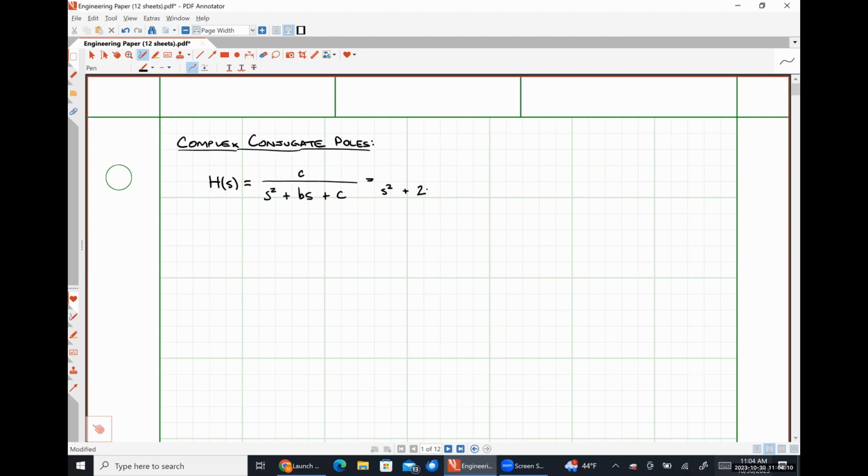And I'm going to pre-apologize that I cannot write the Greek letter zeta to save my life, but that's what this is supposed to be. Zeta times omega naught s plus omega naught squared. And since c is just omega naught squared, I'm going to put omega naught squared up here in the numerator as well.